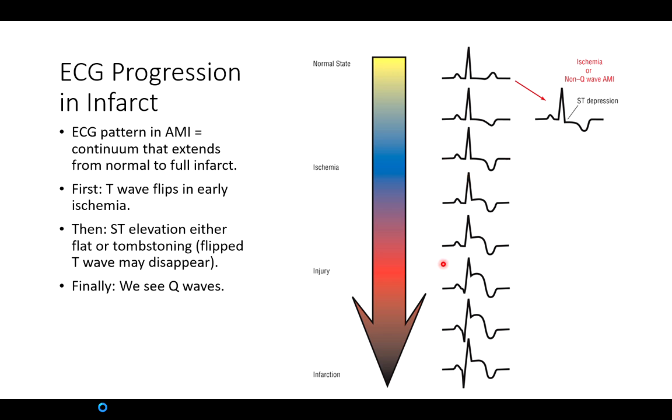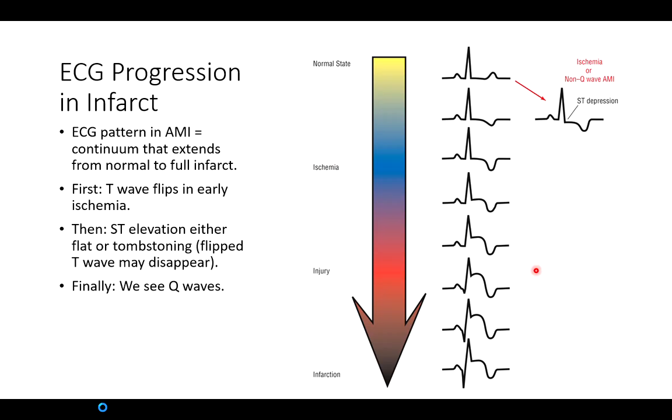Ten minutes later, the patient goes, "Gosh, I feel this crushing chest pain. It feels horrible." We take another ECG image. We start to see something like this. Really scary, right? So the first thing that happens is typically the T wave flips. This happens in early ischemia, right? Reduced oxygenation to the tissue.